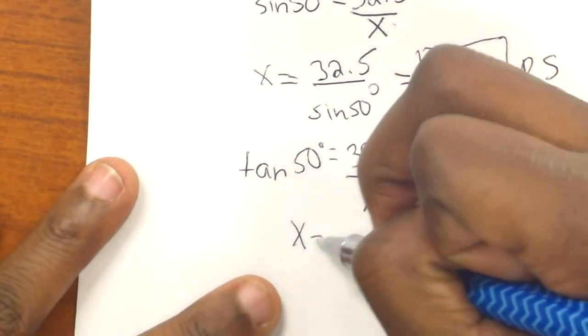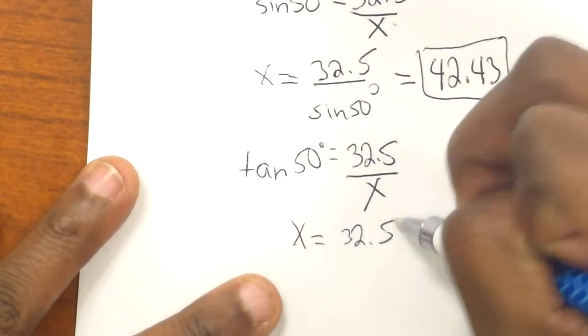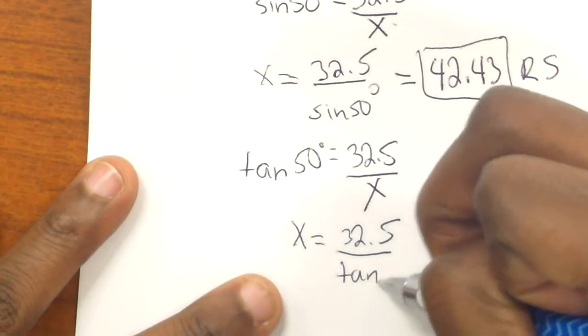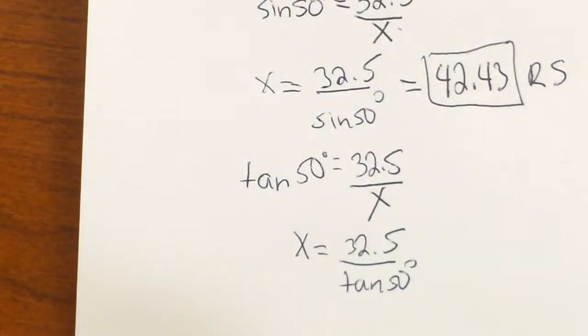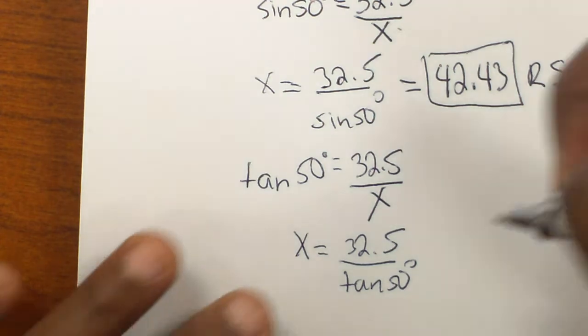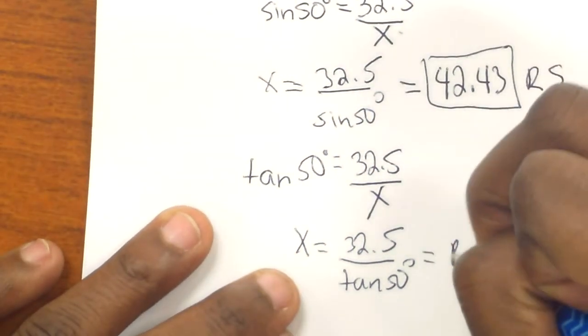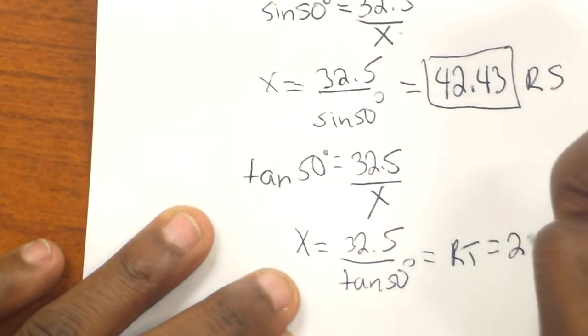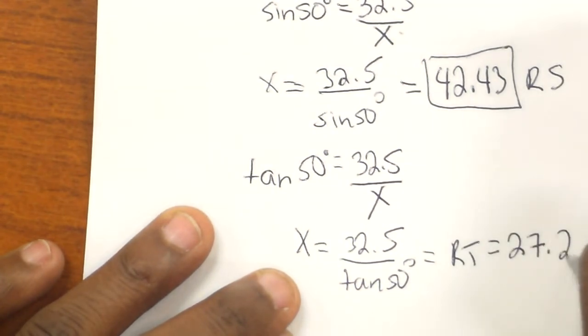To figure out x, x is equal to 32.5 divided by tan 50 degrees. And so in this case, RT is equal to 27.27.